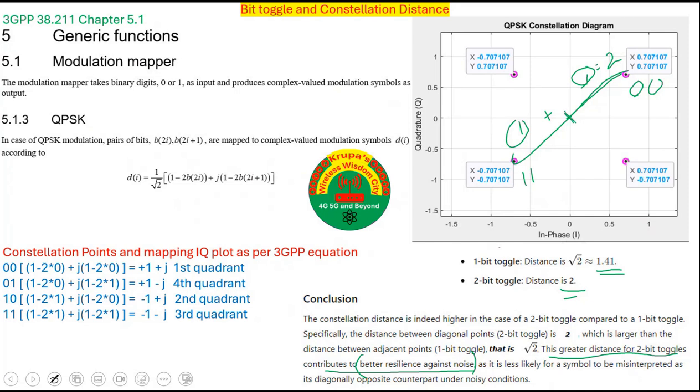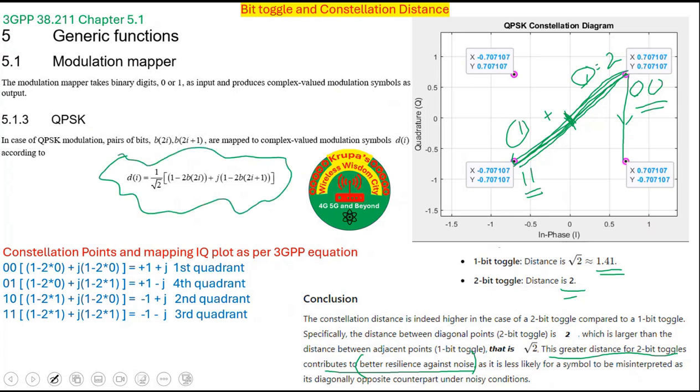If any noise comes and tries to toggle my constellation points, it has to traverse a longer distance if it is expecting to change both the bits, unlike if it has to change just one bit. That is the crux of why 3GPP has proposed these equations, so that my constellation distances have a very important property.